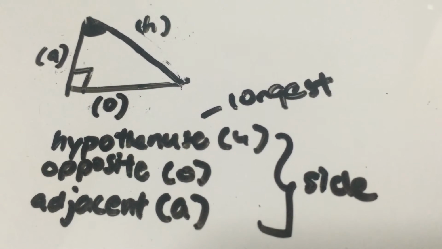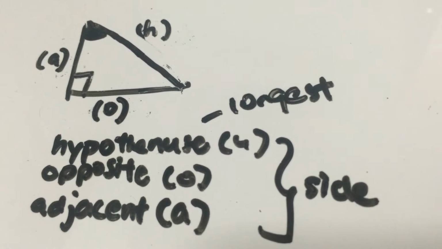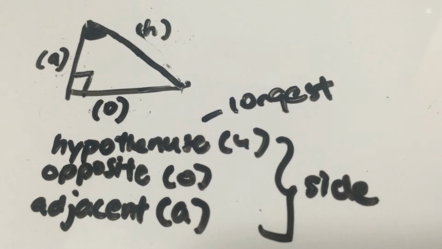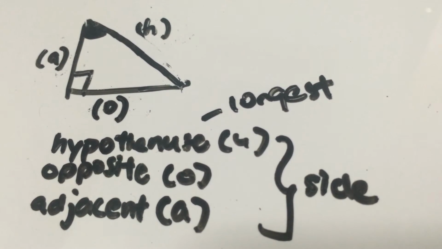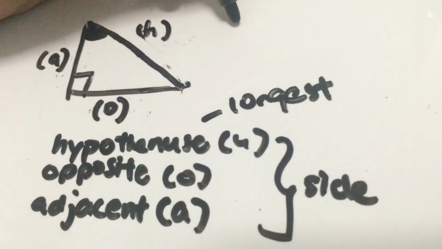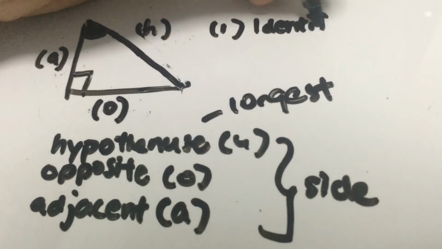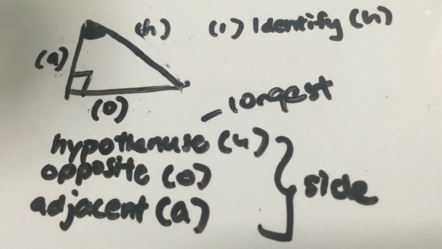So in order to help you identify which is the hypotenuse side, which is the opposite side and which is the adjacent side, the first step is to identify the hypotenuse side first, because it is the easiest to identify, being the longer side.